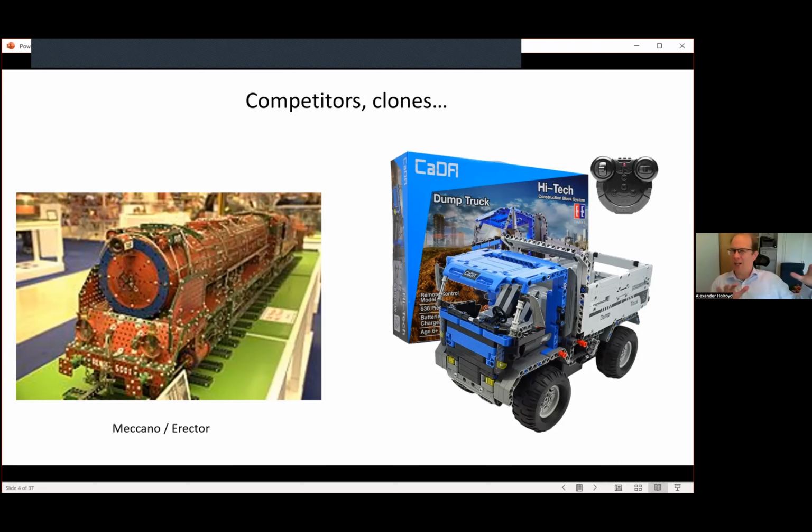There's a range: I think some of them do it legitimately, and they make sure they're covered in terms of intellectual property, and other companies not so much. It's a complicated subject that I'm not going to get into, but as you can imagine, hardcore Lego fans like me don't really approve of the clones.